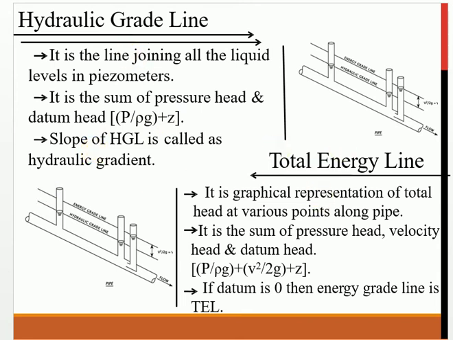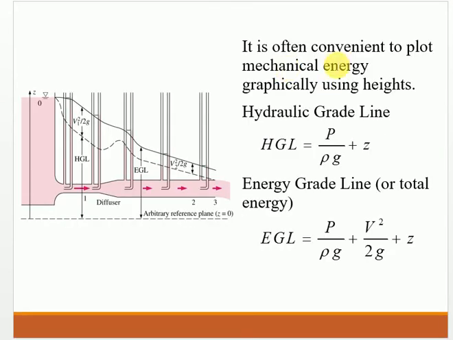Let's get into more detail. Here we have a few examples from a tank. The fluid tends to flow in different sets of pipes with different sets of minor losses also. This first line indicates the total energy line. The second line indicates the hydraulic gradient line. The difference between these will be the kinetic head.